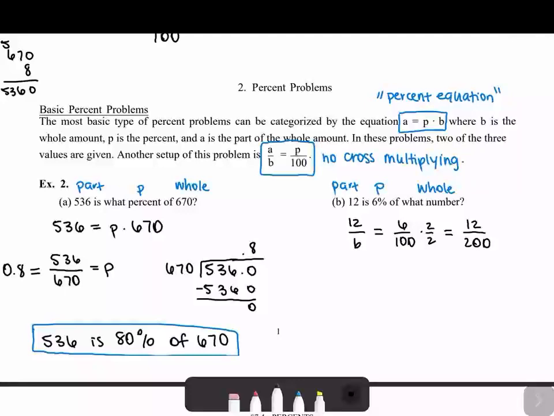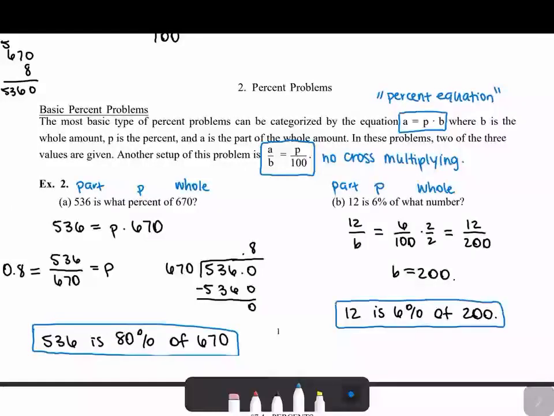And just by seeing that, we can clearly see that b is 200. So that's all we needed to do. So then our final answer is that 12 is 6% of 200. And that's how you do it.